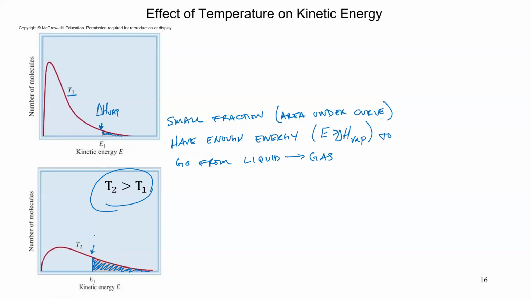Again, this is the same energy. It's still delta H of vaporization. And so at a higher temperature, we see that there's a larger fraction that has energy greater than that enthalpy of vaporization.